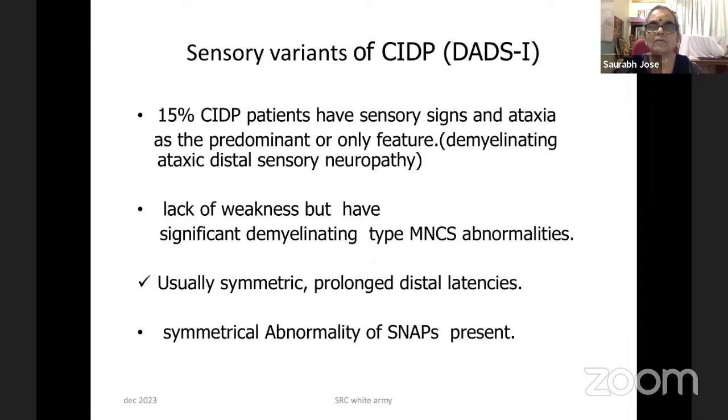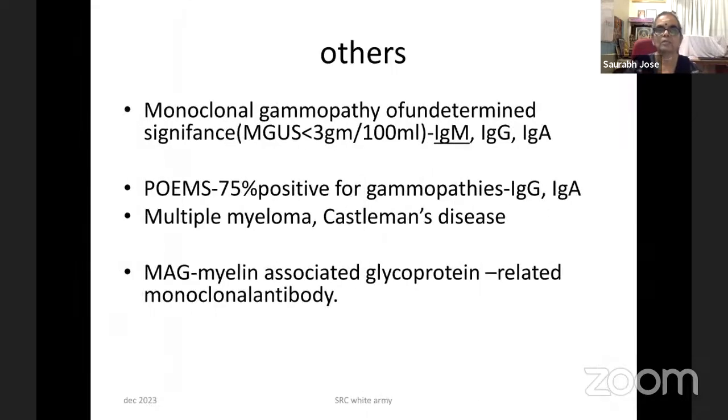And we have the sensory variant of CIDP, which is predominantly sensory. They present with ataxia, and weakness is not there, and it is usually symmetric, with prolonged distal latency and symmetrical abnormality of the sensory nerve action potential. And you have other neuropathies of long duration, like monoclonal gammopathy of undetermined significance, so neuropathy associated with monoclonal gammopathy, but not necessarily myeloma.